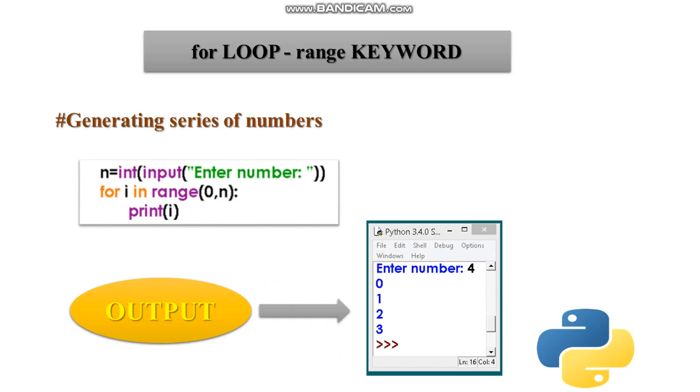So always remember your range function goes one value less than the highest limit. That means if you give 0 to n, it will go from 0 to n minus 1. So if the user enters 4, it will give output as 0, 1, 2, 3. It will not print 4.